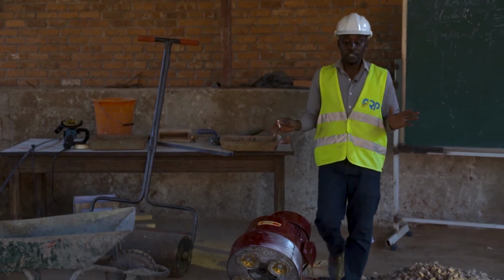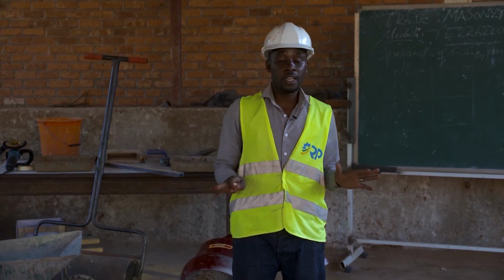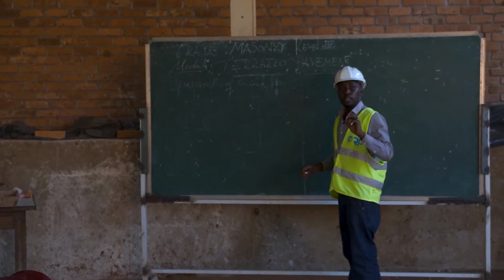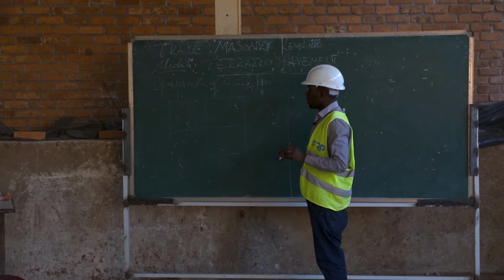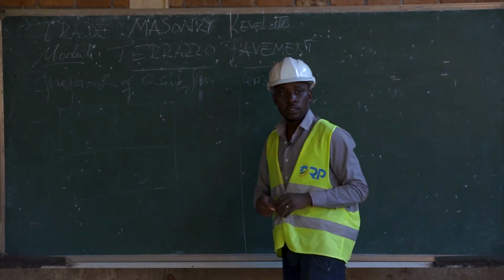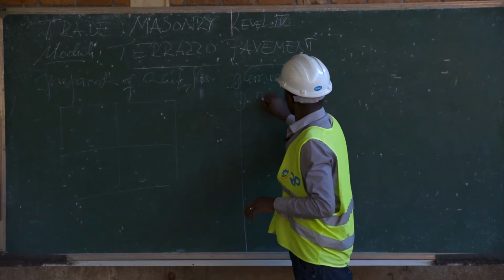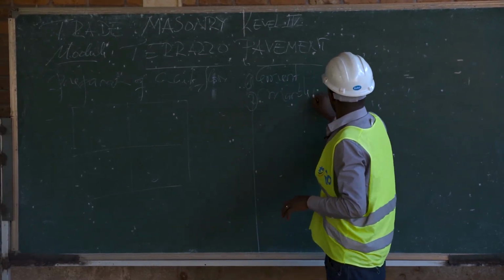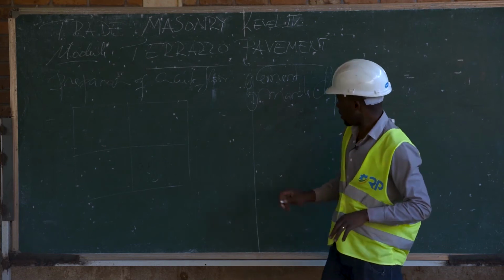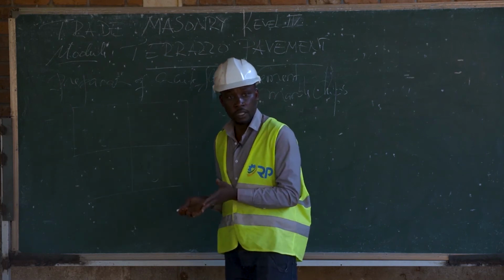Batching, or a process of measuring terrazzo ingredients, means we need a cement or cementitious material, cement, marble chips, and then finally, we will need to add color powder or pigment.